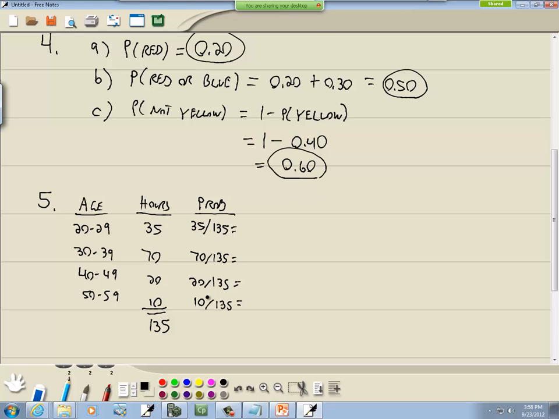35 divided by 135. I'll take these to 4 decimal places to get 0.2593. And this one will be 0.5185.